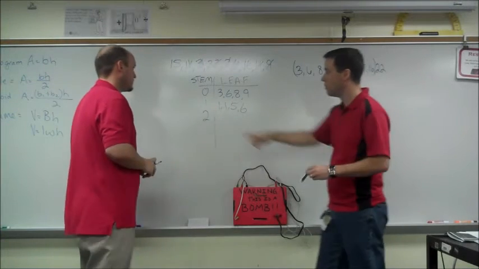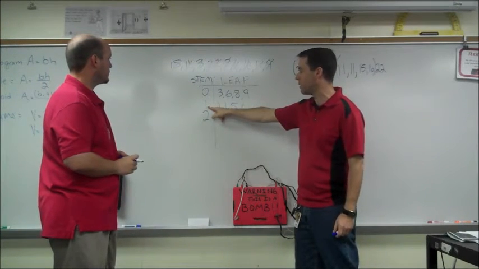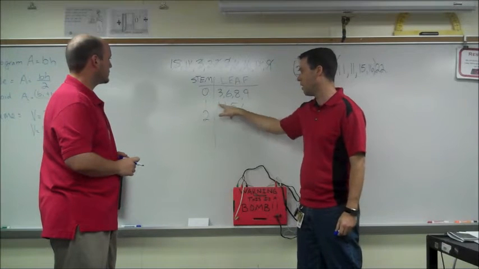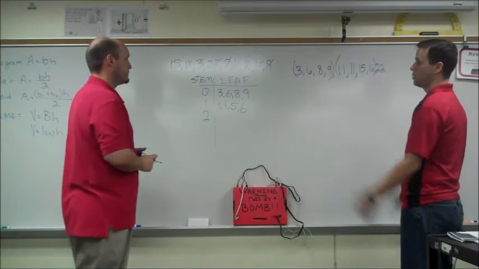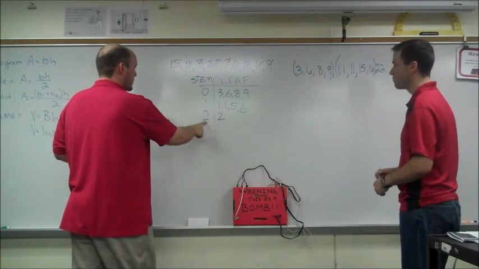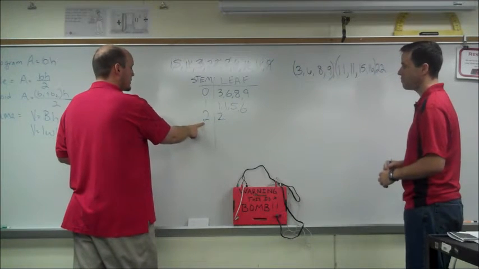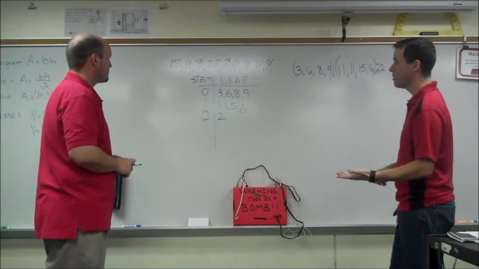So the stem, the 1 here, represents the number in the tens place. So we have 11, 11, 15, and 16. And we only have one in the 20s, so please just put a 2. Yep, because 22, a 2 in the tens place and a 2 in the ones place. Awesome. So there's our stem and leaf plot.